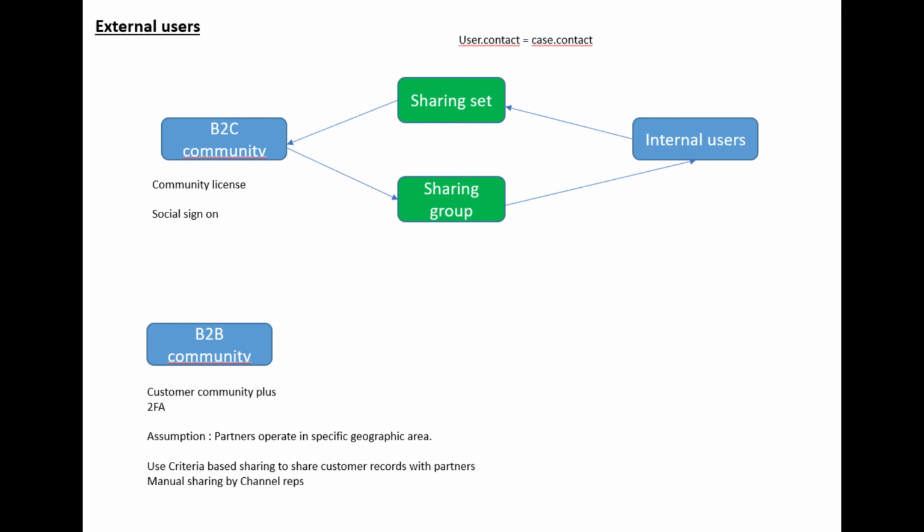The other option is for the channel salespeople to manually assign the customer cases to this B2B community user. Probably that is not good because there could be hundreds or thousands of cases. So we should go with the criteria-based sharing rule and make sure that automatic assignment is possible as much as we could do.